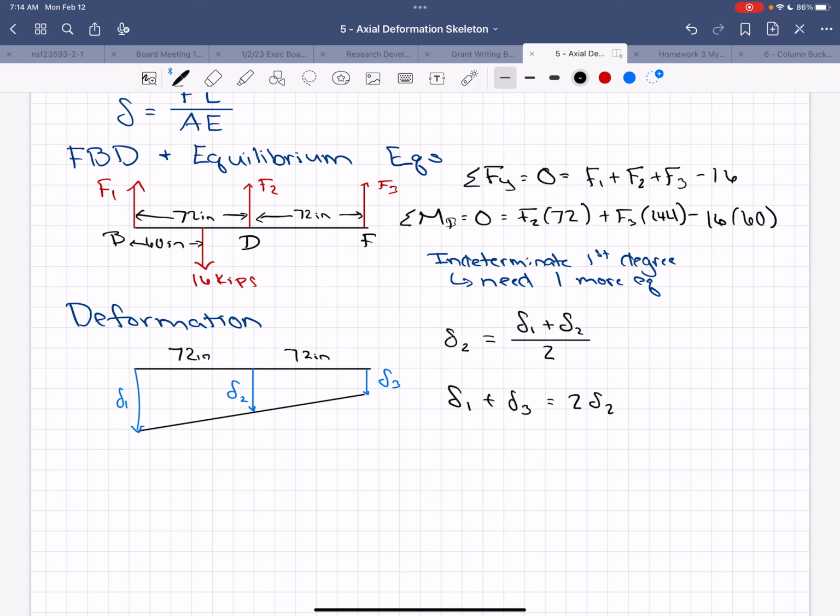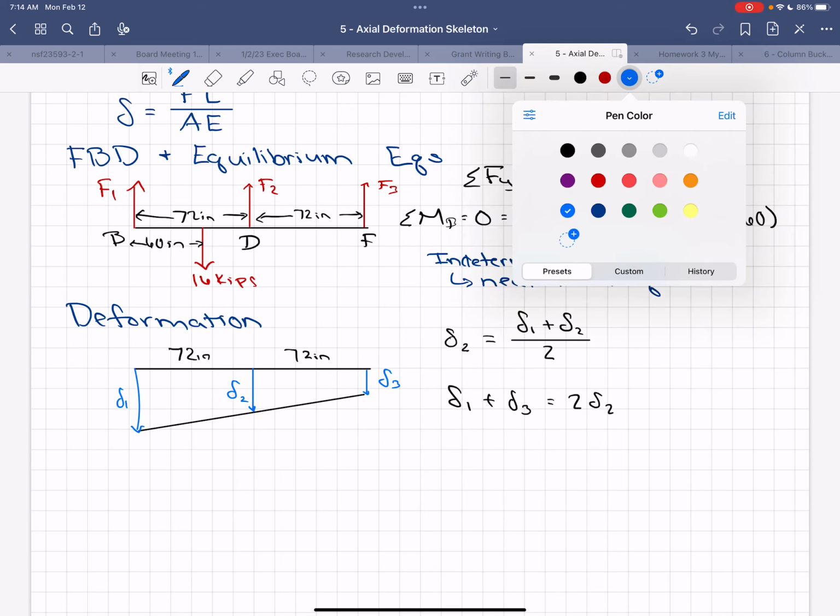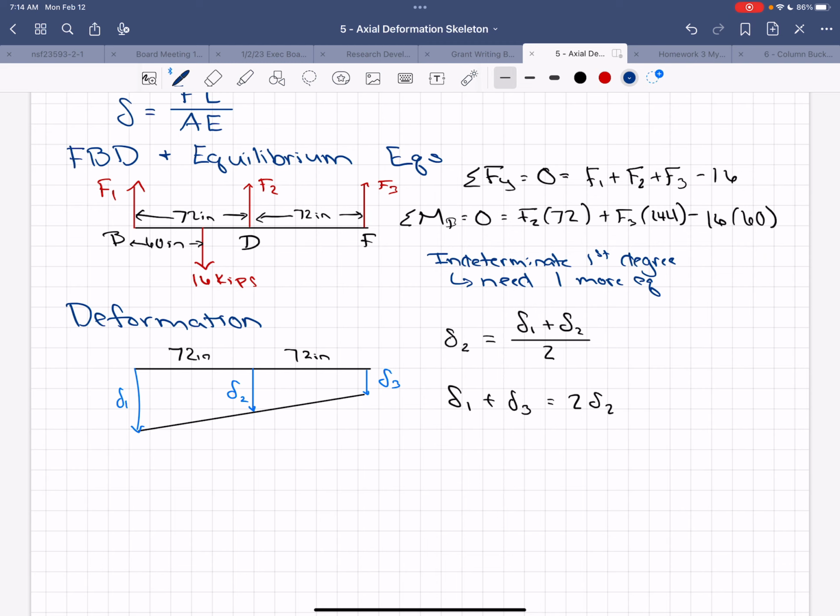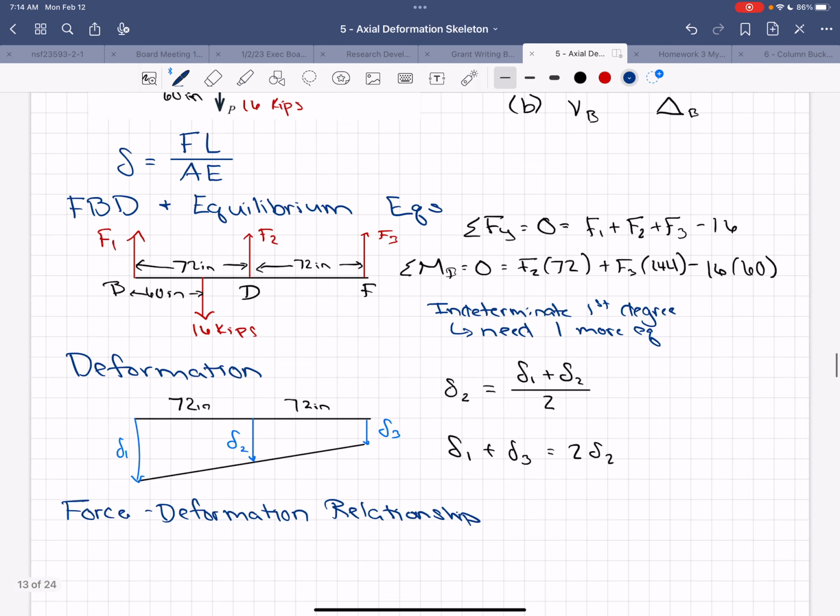So that's the easy step where all we have to do is use this equation and apply it to each rod.